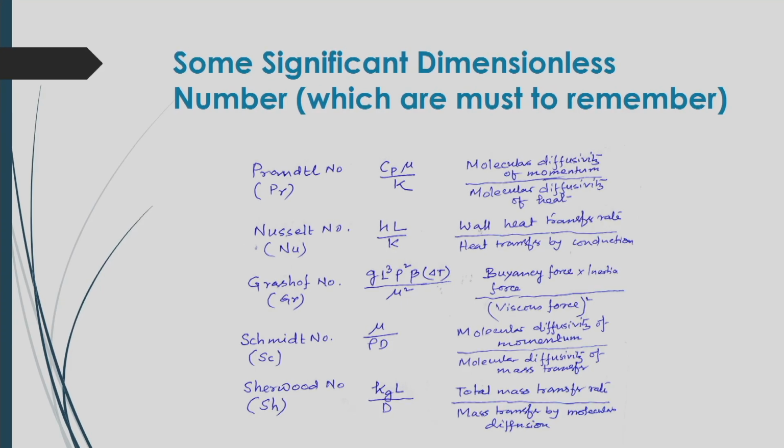Even for mass transfer operations, suppose you are transferring from one phase to another, like absorption of carbon dioxide gas into a liquid. This is called mass transfer operations, or diffusion. If you spread some perfume, it will diffuse throughout the room.